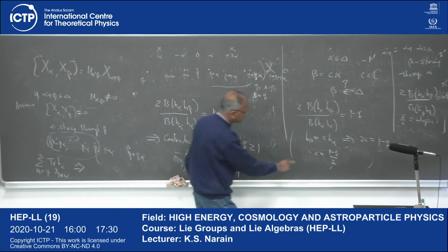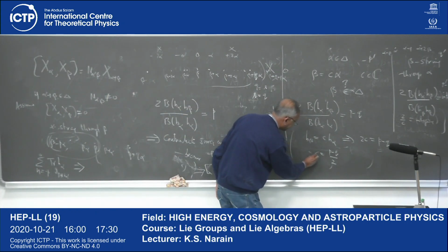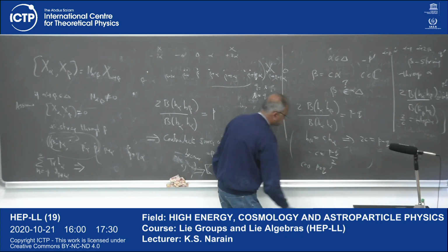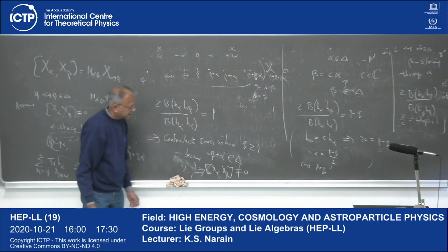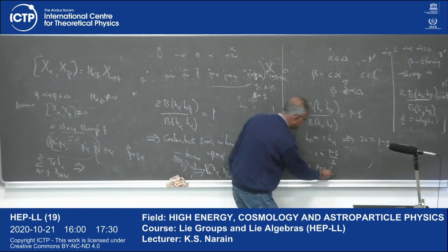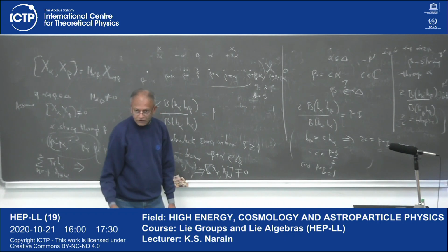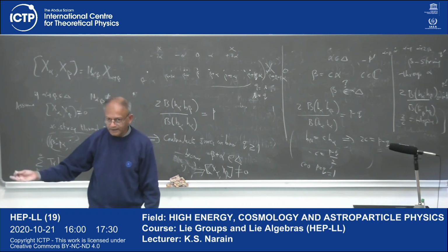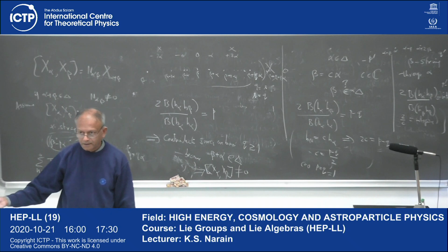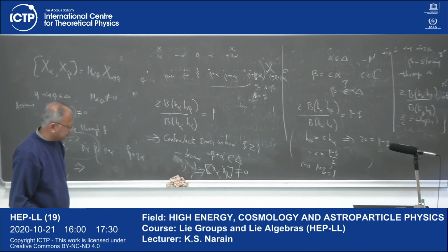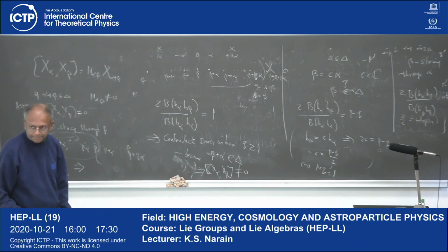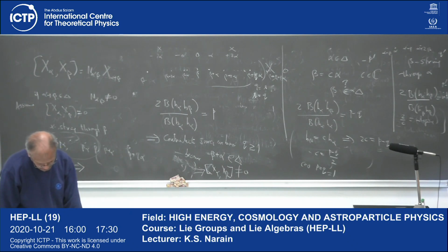And actually, in this particular case, we know each of them should be equal to 1, because we know already that if alpha is a root, 2 alpha is not a root. So P equal to Q equal to 1. Anything else?